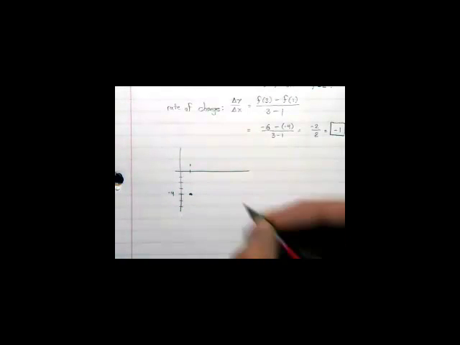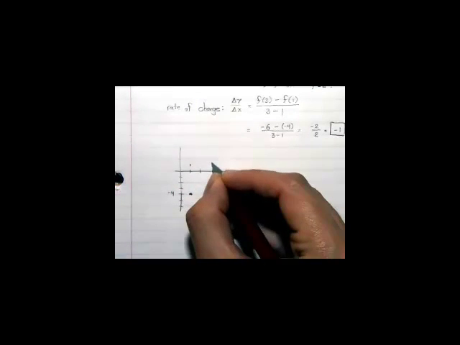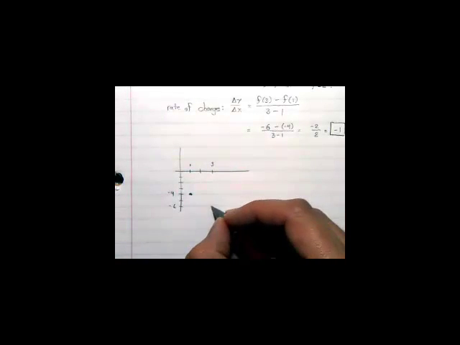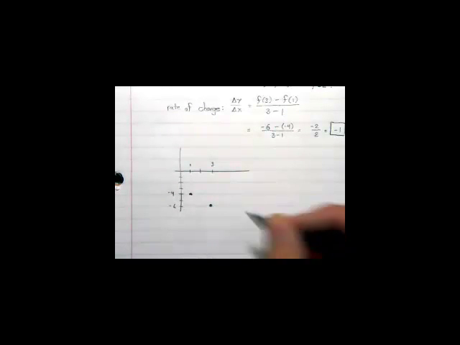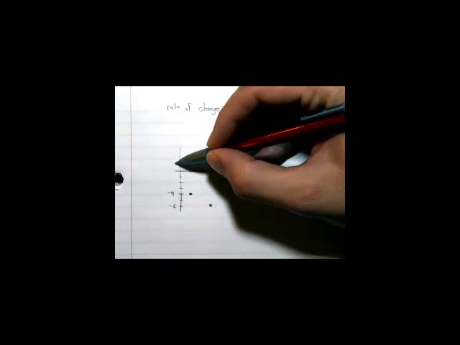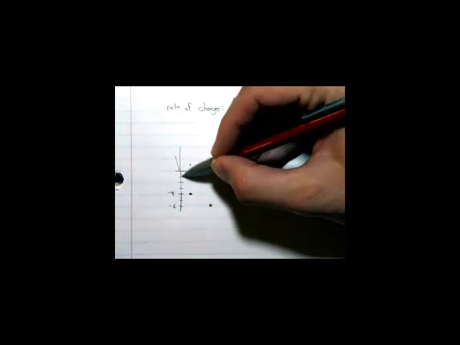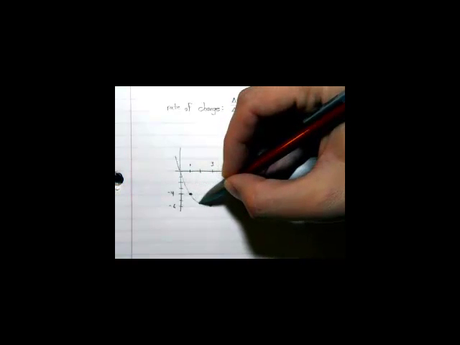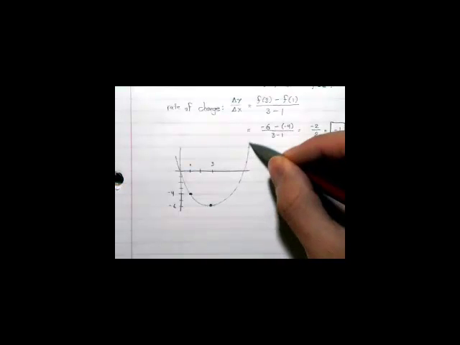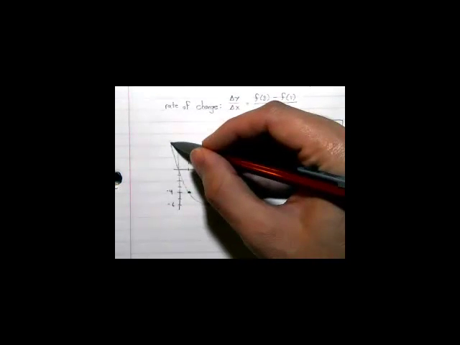And then we had 3 was at negative 6. Okay, so this curve, I'm not exactly sure what this thing looks like. I mean, it's a parabola opening up. So it's probably doing something kind of like this. Not entirely sure precisely what it looks like, but something kind of like that.